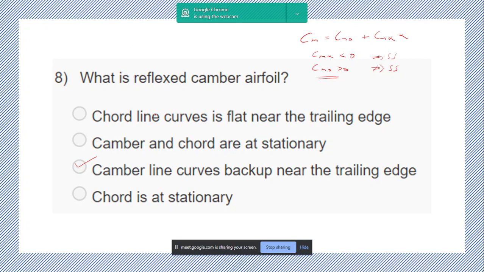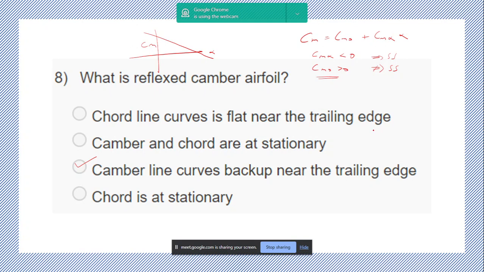We know our graph, Cm versus alpha or Cm versus Cl, is something like this. That was a supercritical airfoil, not reflex.